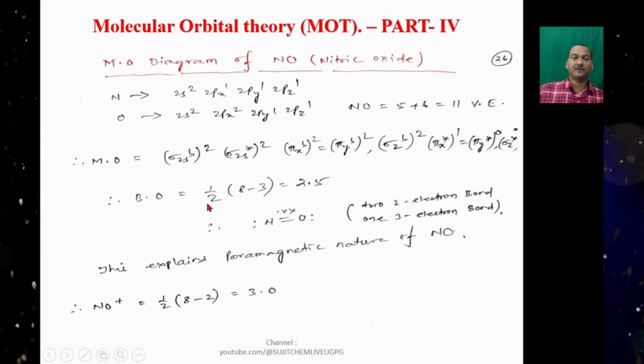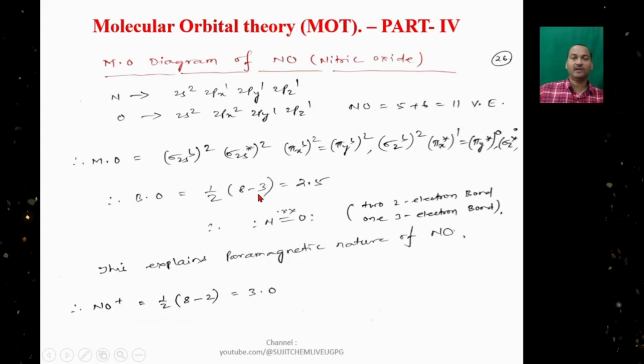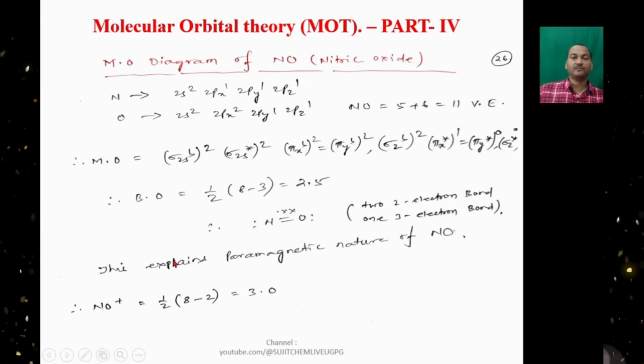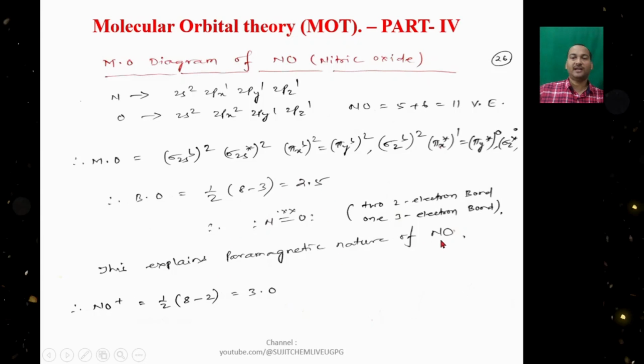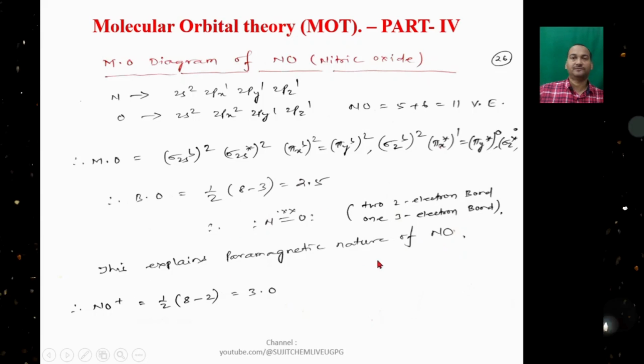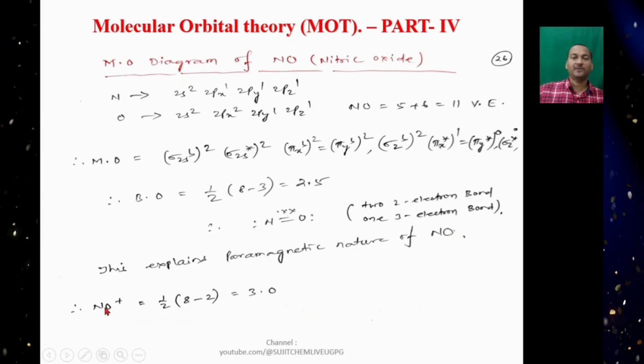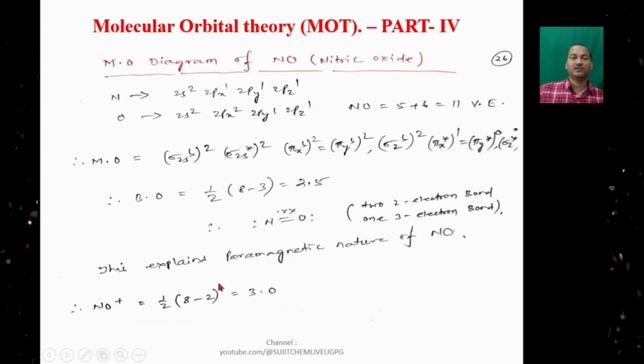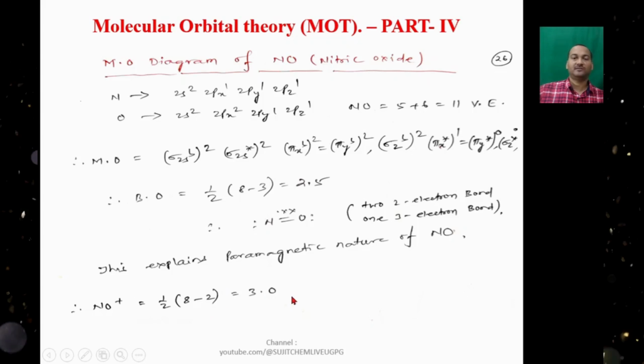So the bond order is 1 by 2 whole into 8 minus 3, that is 2.5. This explains the paramagnetic nature of the nitric oxide molecule. Similarly for the NO plus molecule, it is 1 by 2 whole into 8 minus 2, so that is 3.0.